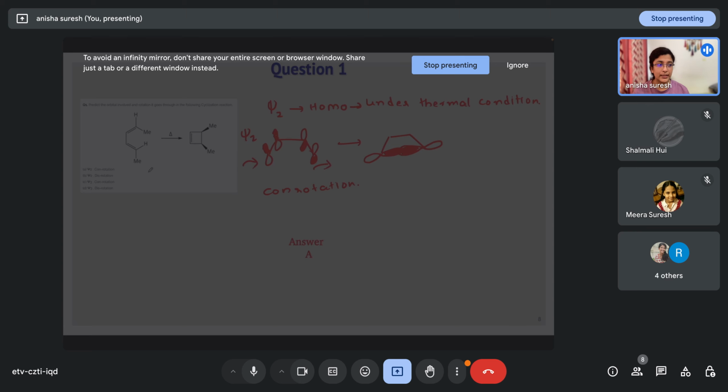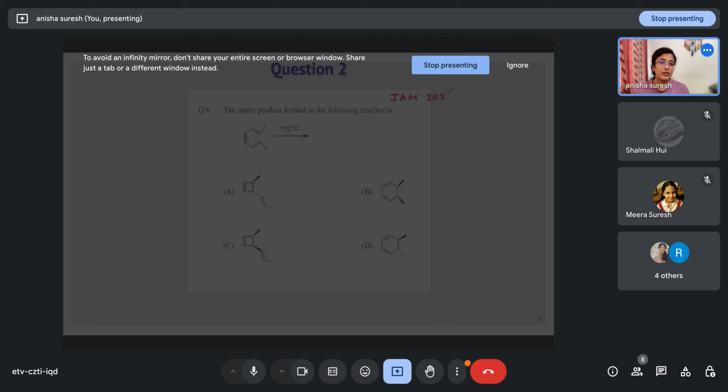Is this concept clear? Yes. Okay. Now coming to question number 2. So this was a question from JAM 2021. So here a hexatriene system is given.